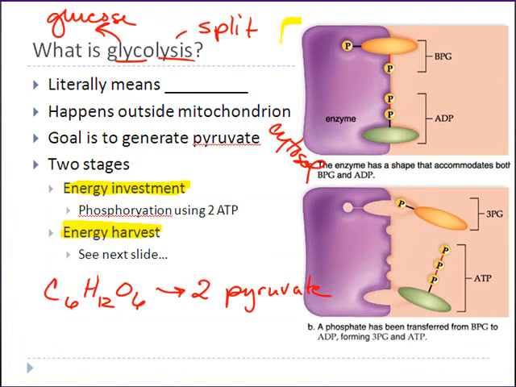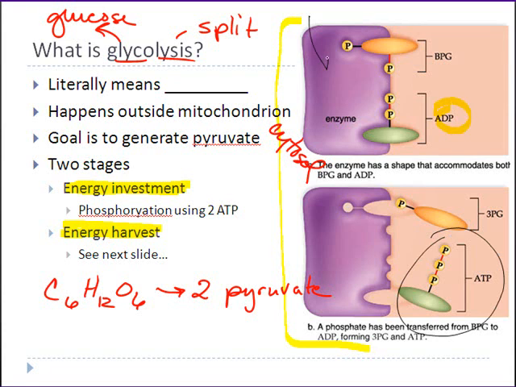Now in the picture off to the right here, this is showing you just a generalized example of substrate level phosphorylation. In this case, the example given here doesn't apply to sugar but rather to ADP, adenosine diphosphate, and it shows how we go about phosphorylating ADP to make ATP, adenosine triphosphate.